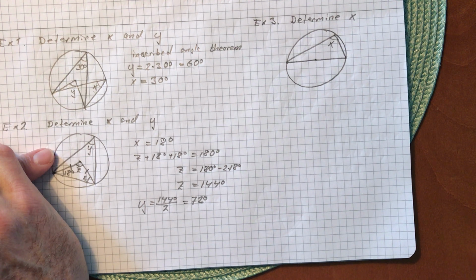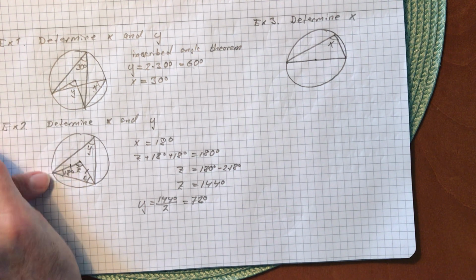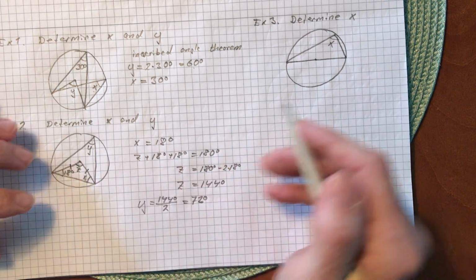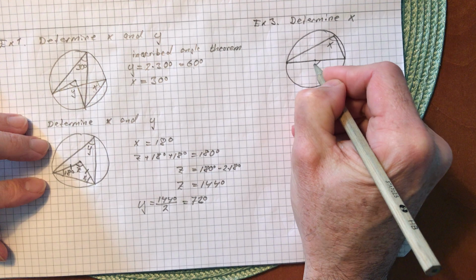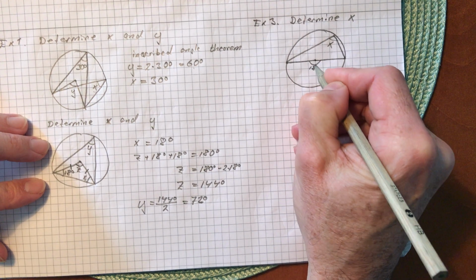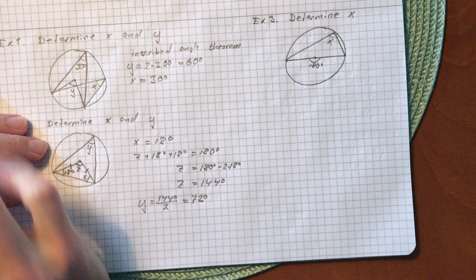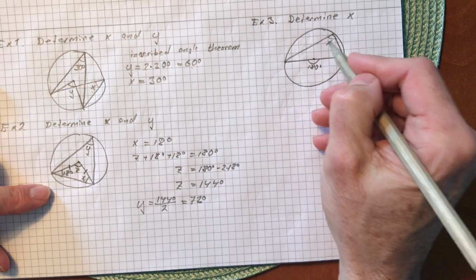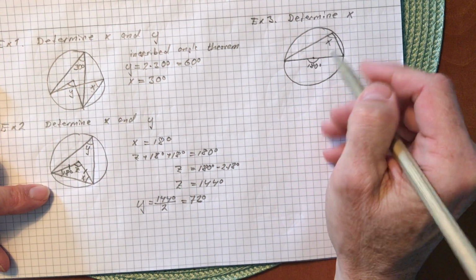Can you find x now? Try to. Here's how you are supposed to think. Now, where is the central angle? We need to find it. Well, this is the central angle. It is 180 degrees. You don't just see it here. So x is half of 180.